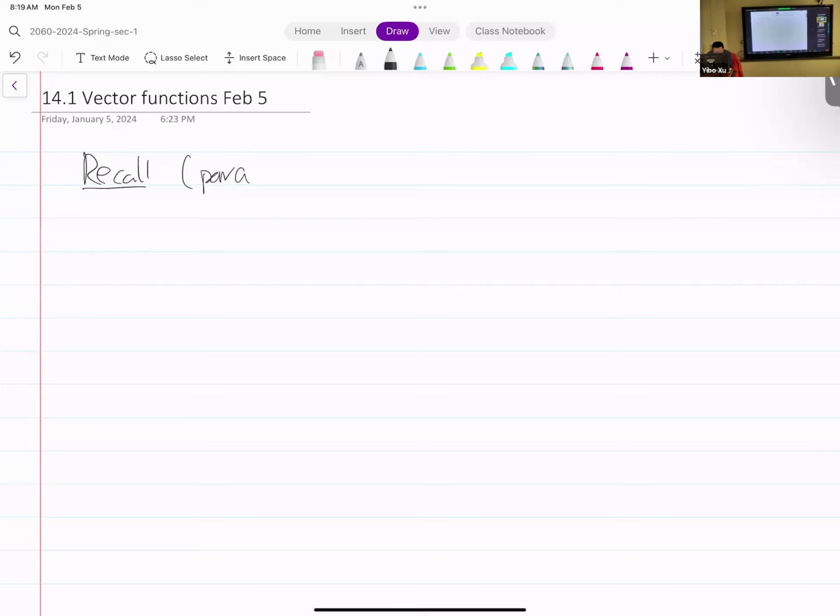So in 2D, it's going to be a curve, and that's only one parameter. Okay. So in 2D, let's say we have x equal to cosine t and y equals to sine t. And let's say we have a range of our parameter t to be between 0 and pi.